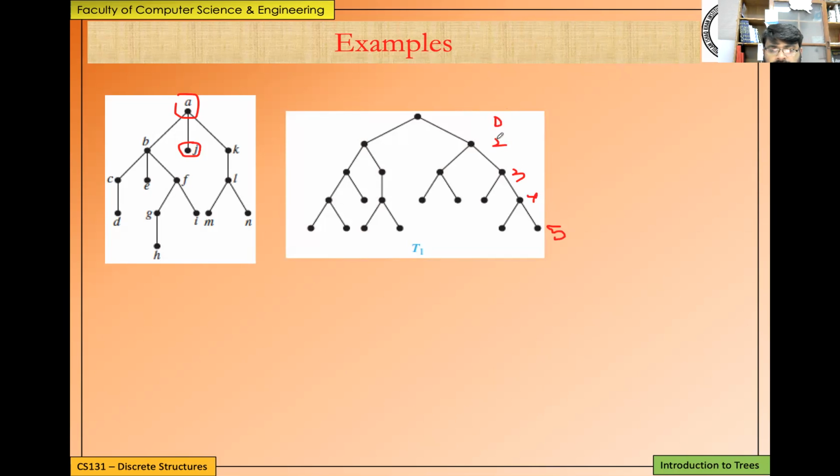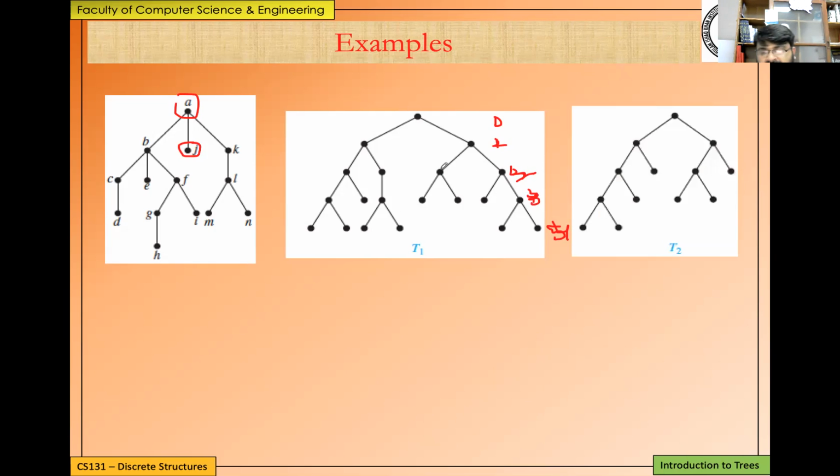So this is 0, 1, 2, 3, 4. Now we notice that the height of this tree is 5, and all the leaves are situated at either level 4 or 3 in this particular case. So in this case, we know that this is a balanced m-ary tree, or a balanced binary tree if you want to call it.